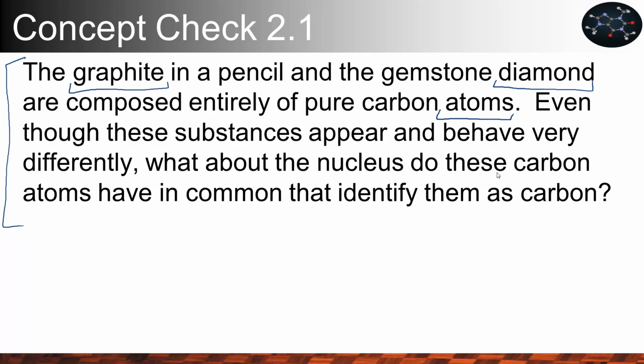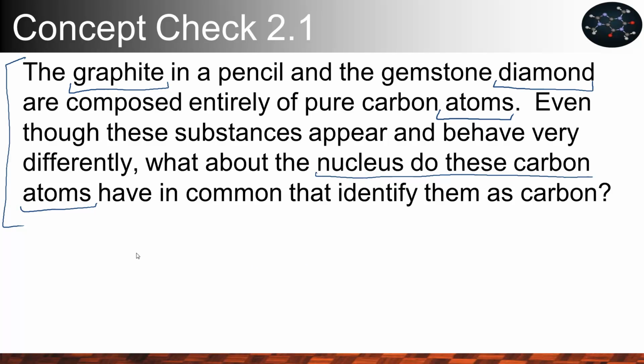So they might behave differently because of how they're connected, how those carbon atoms are connected to each other. And they look different for the same reason. But there is something that's the same, specifically about the nucleus of those carbon atoms. So what do you suppose that commonality really is?